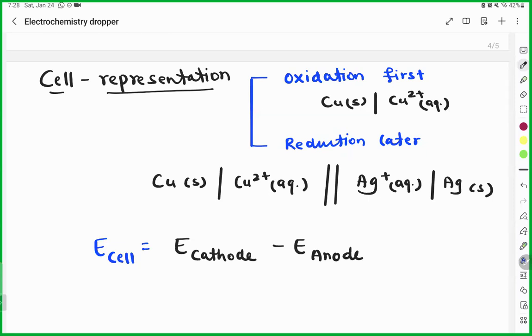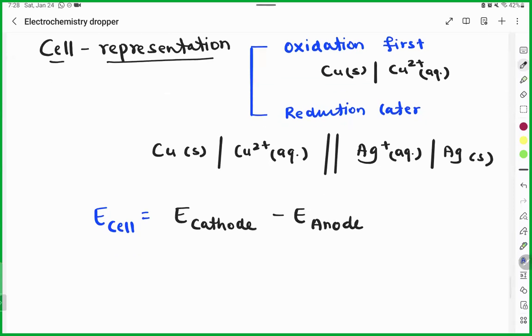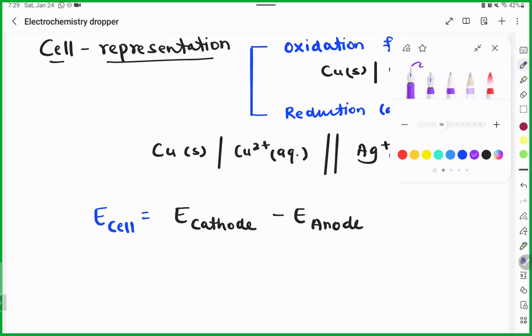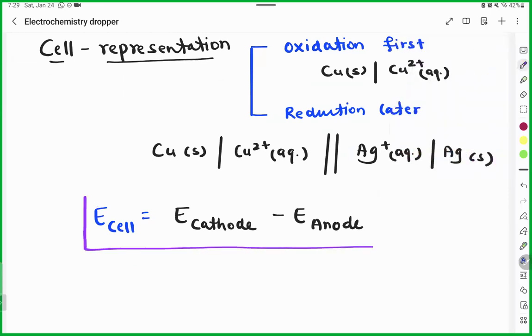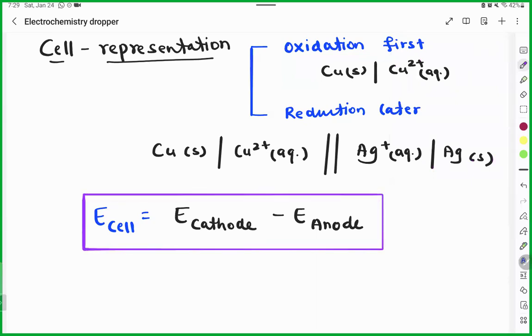Yes. So the E cell formula is cathode minus anode. Why did I say you will never make a mistake? Because the value is always positive. But sir, it is not always cathode minus anode. No, we are talking about the electrochemical cell.